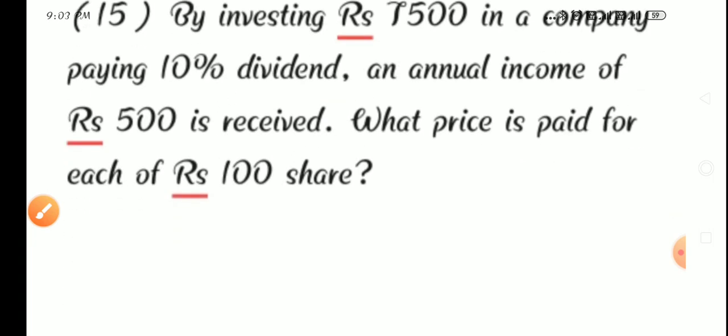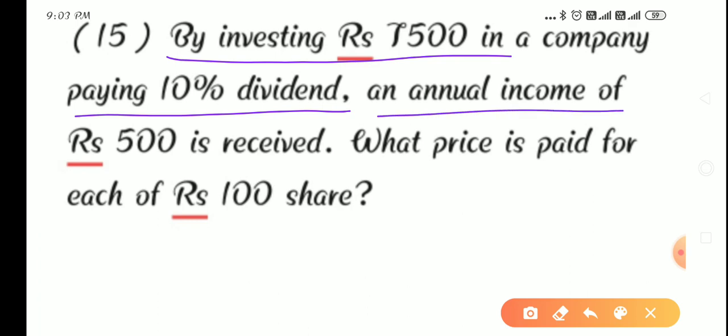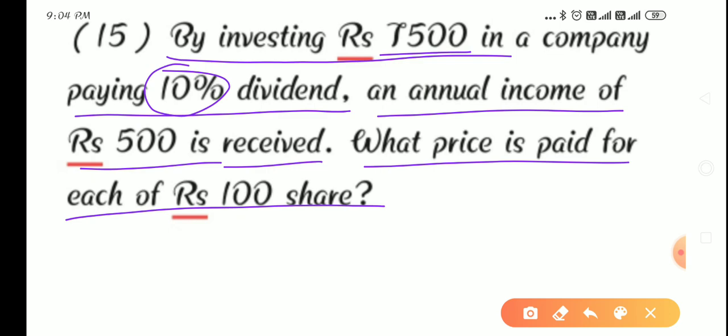Now one more question is given, 15th question, last question of the exercise. So I am solving this question also. By investing rupees 7500 in a company, paying 10% dividend, and annual income of 500 is received. Again annual income is given, 10% dividend is given, and investment 7500 is given. What price is paid for each of rupees 100 share?